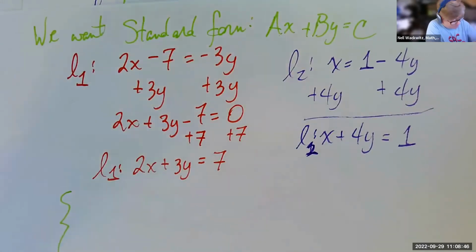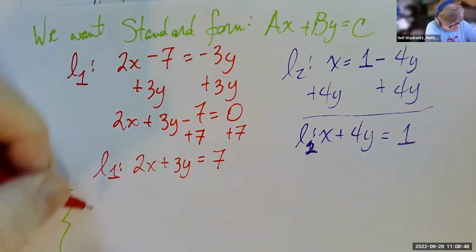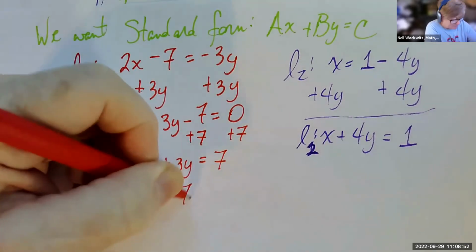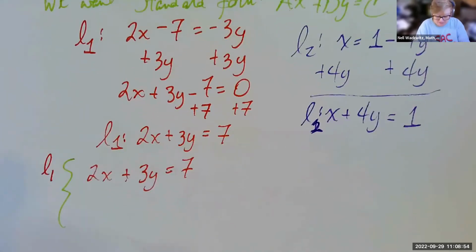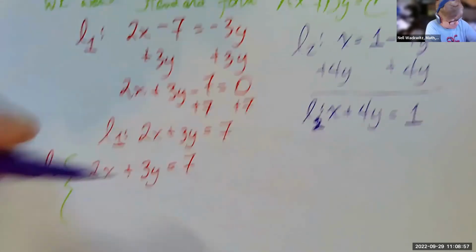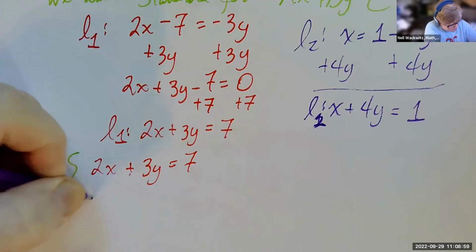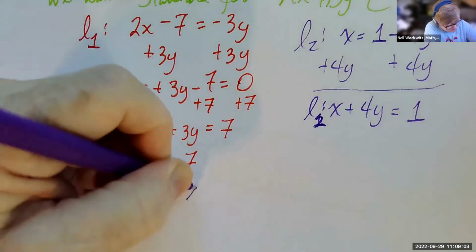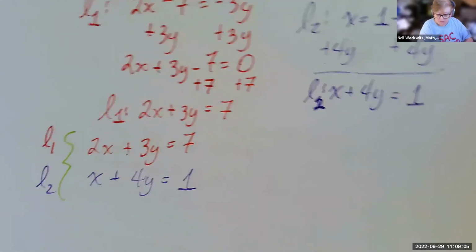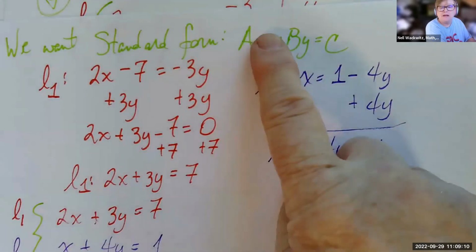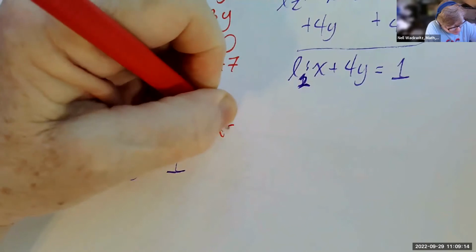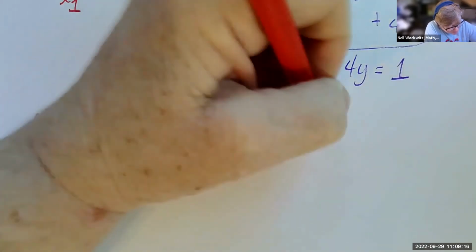Line 1 is 2x plus 3y equals 7, and line 2 is x plus 4y equals 1. And then we want to identify the A, B, and C.